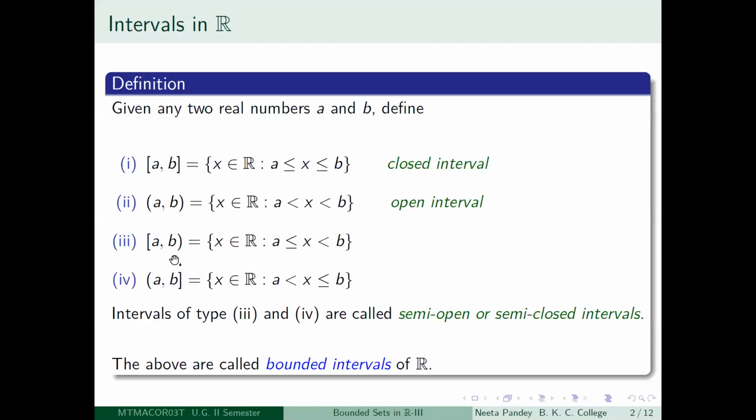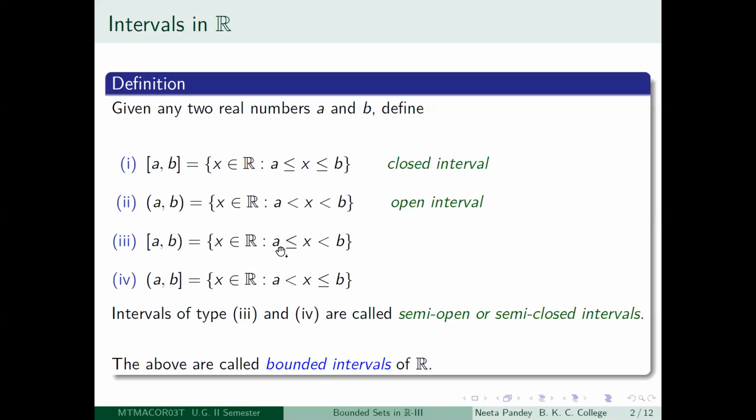So first you took both a and b as elements of the set. That is called the closed interval. For the open interval, a and b are both left out. You look at all real numbers which are strictly between a and b. If you include a in the set, that is, if you start with all x greater than or equal to a but do not include b, then that will be denoted by third bracket a, b first bracket.